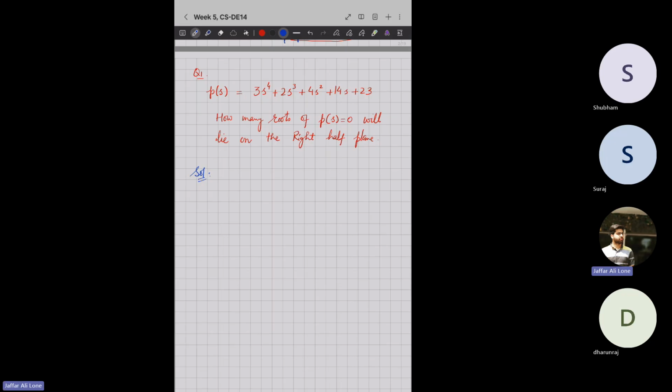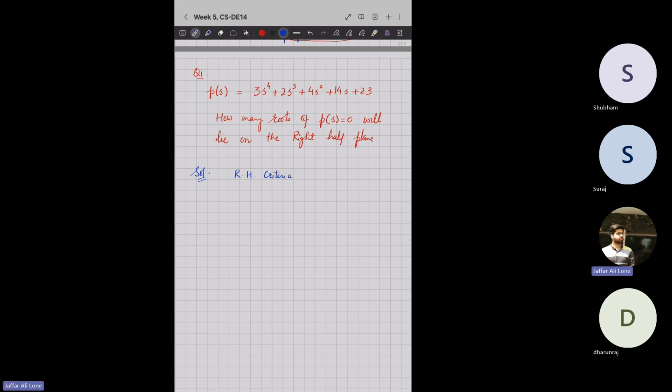There are different ways of finding the roots. We can reduce it to second order or third order and then solve it. But we will solve it based on RH criteria. We will use Routh-Hurwitz criteria and understand it based on this example.